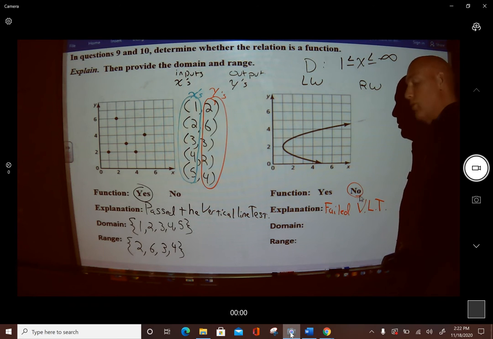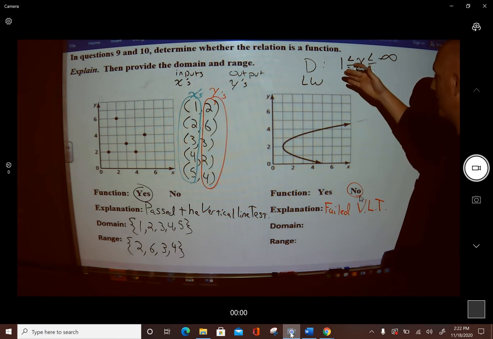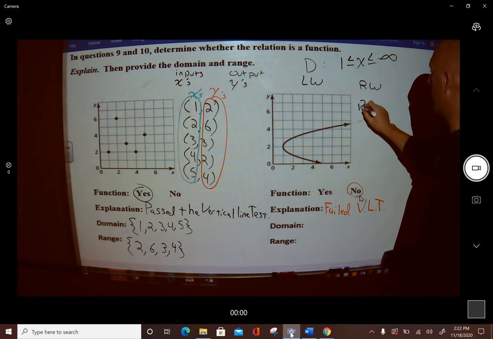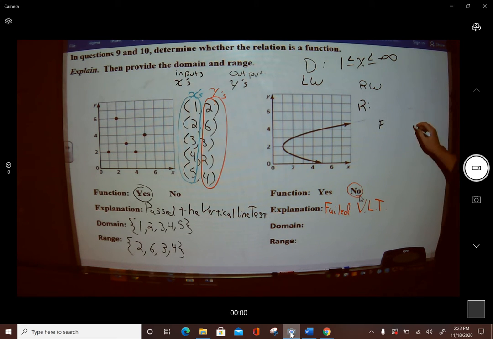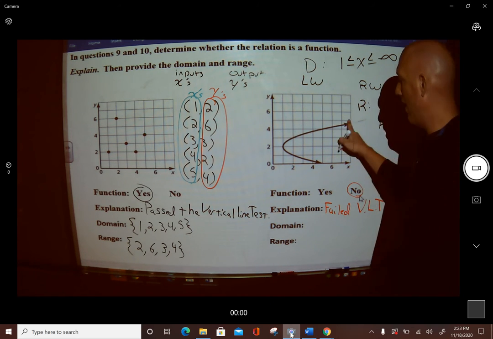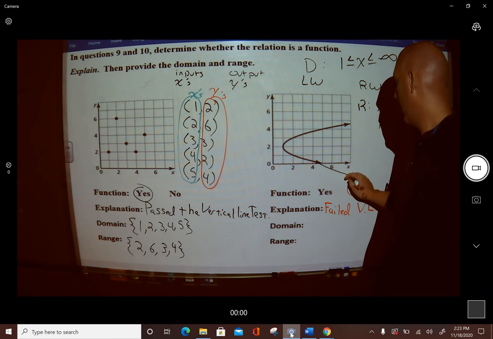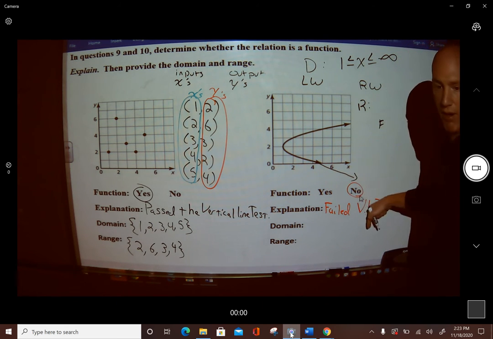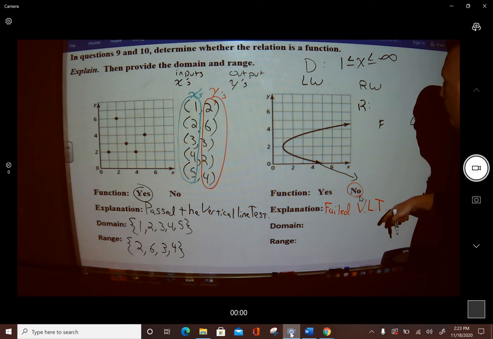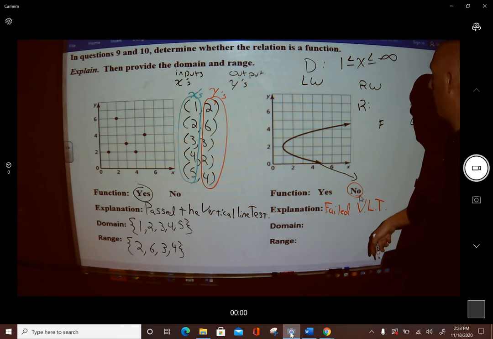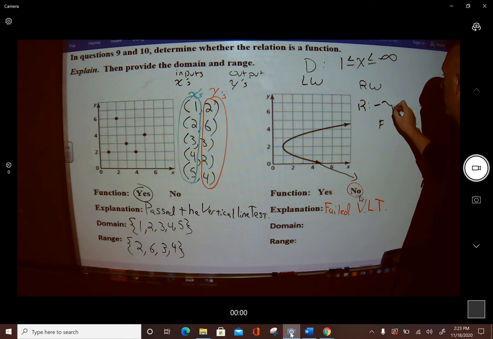Now our range. Our range deals with floor to ceiling. So when I'm dealing with my range, you want to think, how far down does it go to how far up does it go? Or you want to think from floor to ceiling. And again, you have to be careful with these graphs, they're deceiving. This arrow means it keeps going down, down, down, down, down forever. Okay? So if it goes down forever, my range goes all the way down to negative infinity.